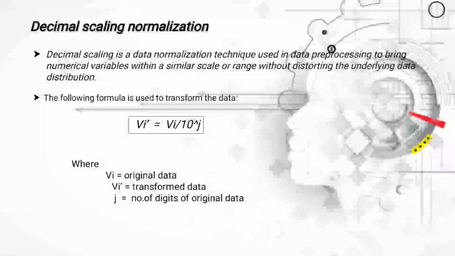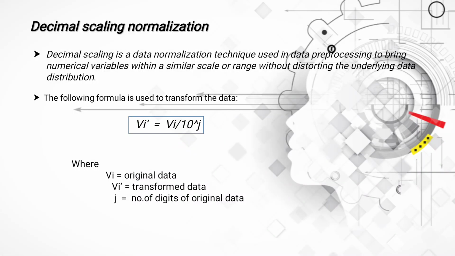Next one, decimal scaling. Decimal scaling is a data transformation technique used in data processing to bring numerical values within a similar scale or range without distorting the underlying data distribution.